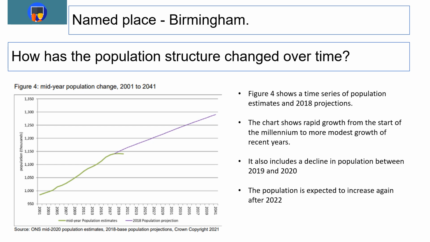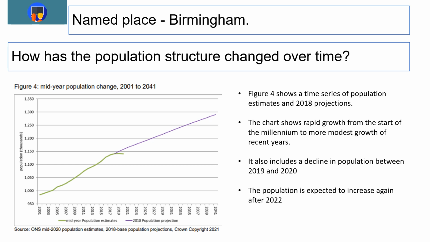This is a line graph. The data is linear, which means that a line graph is appropriate. Along the x-axis, we've got years 2001 to 2041, and then along the y-axis, we've got population. Figure 4 shows a time series of population estimates and 2018 projections. The chart shows rapid growth from the start of the millennium to a slower growth in more recent years.